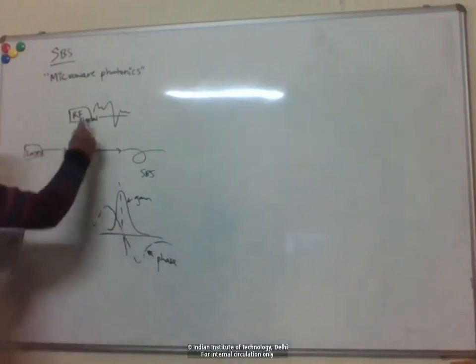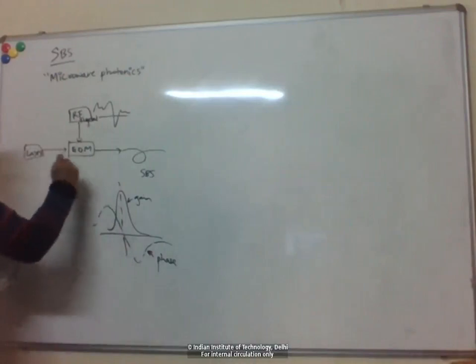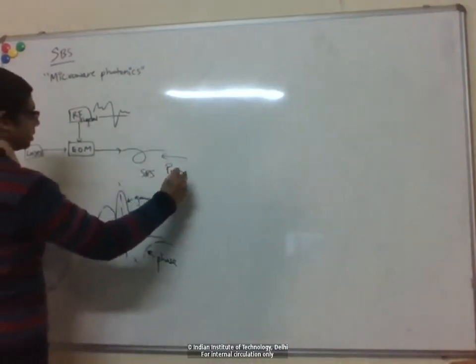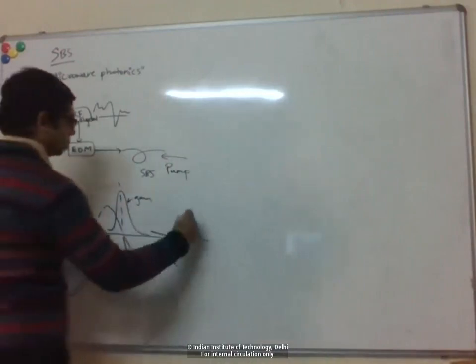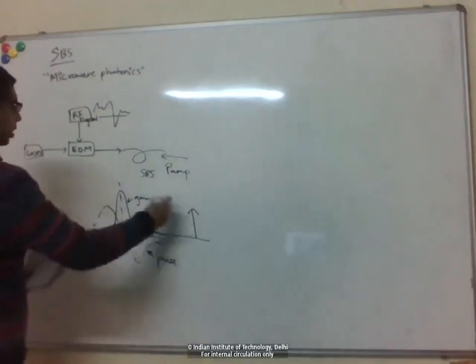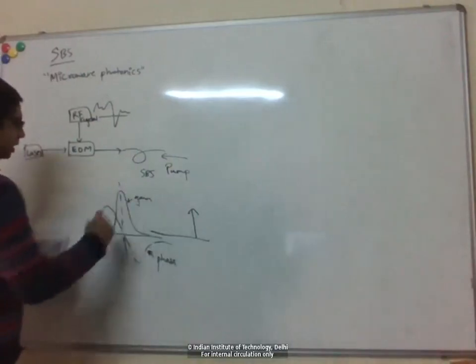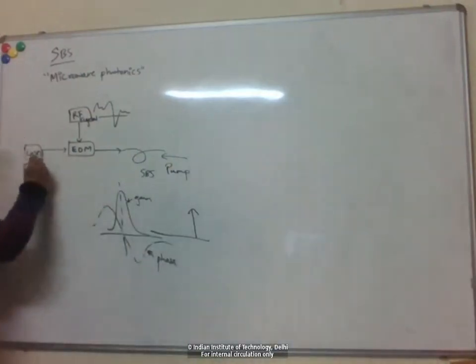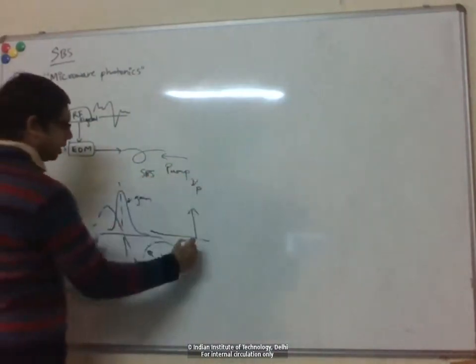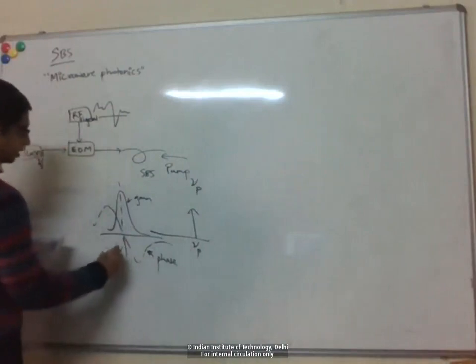So you have some signal here, you put it onto a laser, and typically from the other direction you send in a pump to have the Brillouin gain onto your signal. This frequency is the signal frequency ωs, and this pump is ωp.